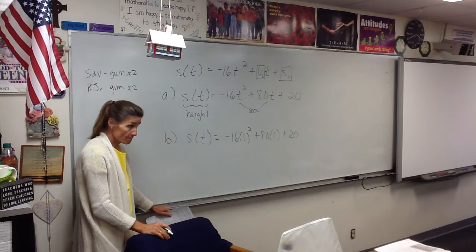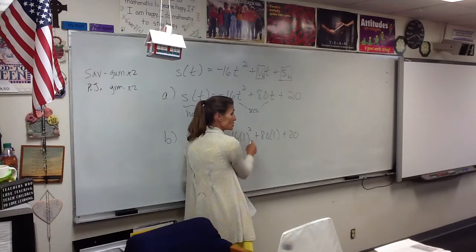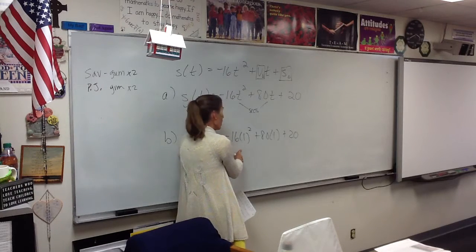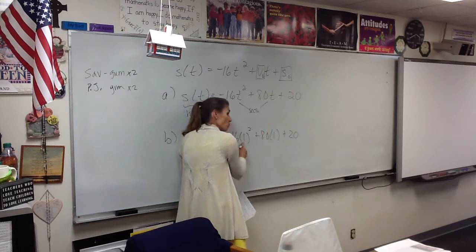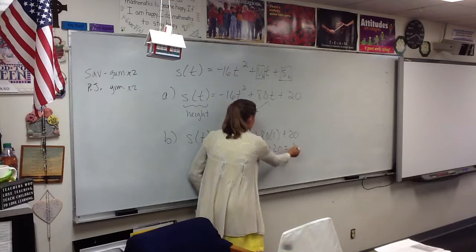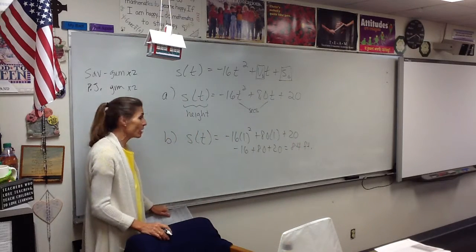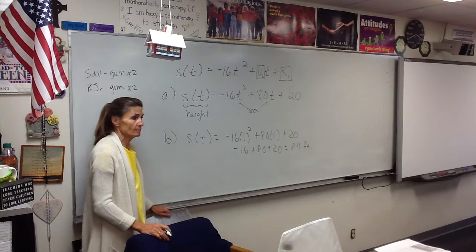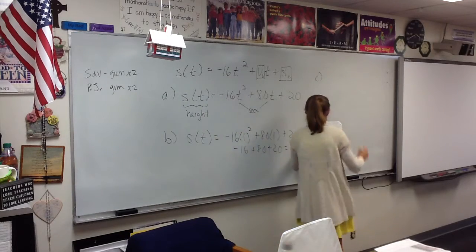Now, when you do this, what's getting squared? The 1, just the 1. So this is negative 16 times 1. It's negative 16 plus 80 plus 20. That's 84 feet. How tall is that ball above the ground? 84 feet. Easy.